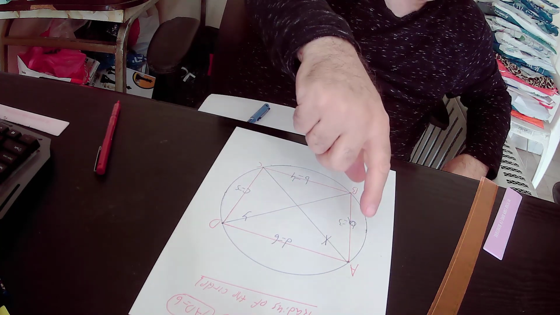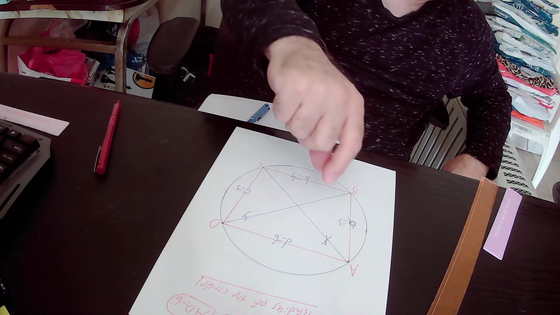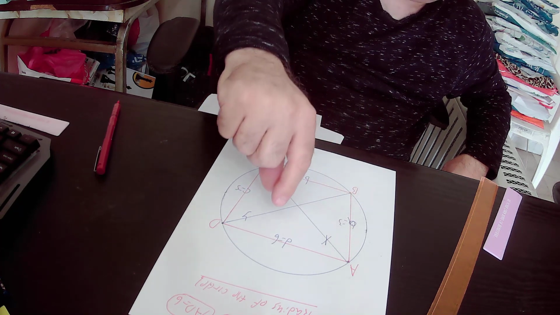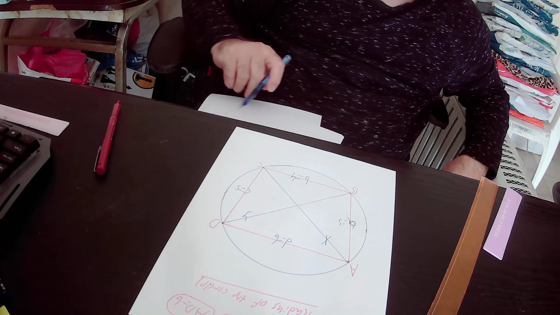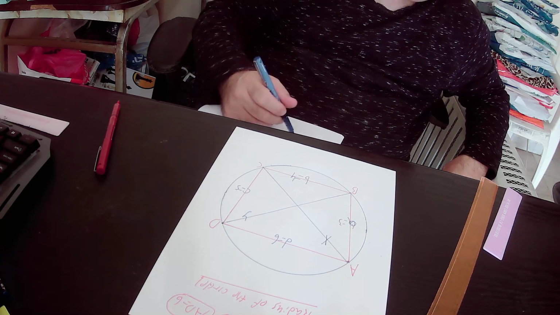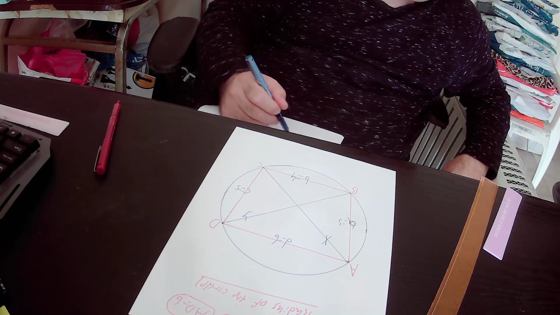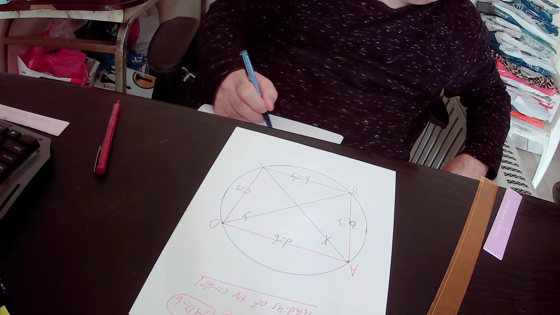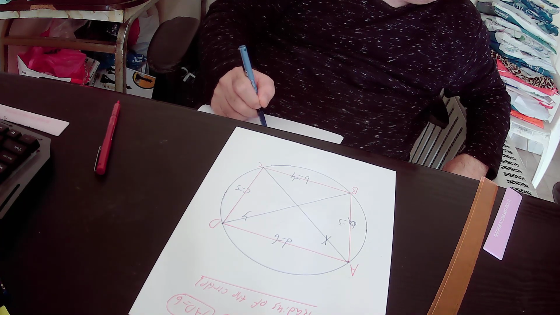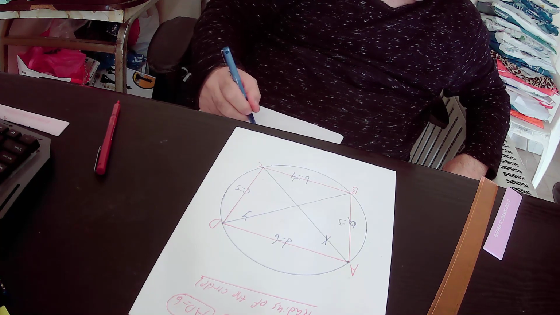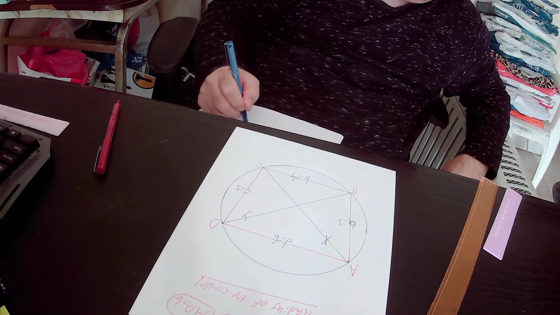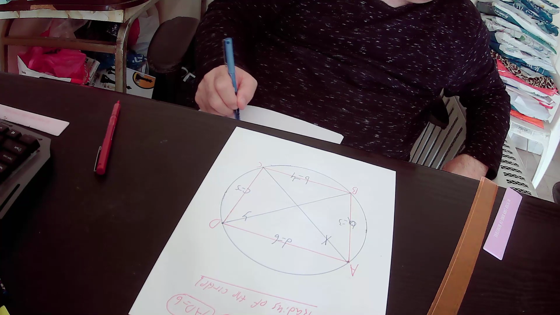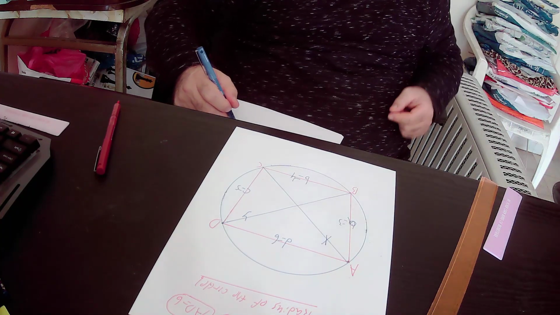Therefore, the area of quadrilateral ABCD will be equal to the area of triangle ABC plus the area of triangle ADC. So we write it down.